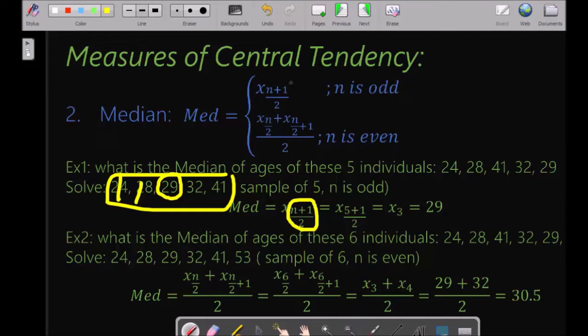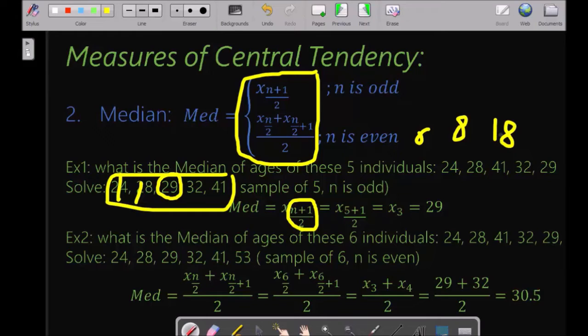But why do I have these two equations? Because sometimes I have an even sample size, like 6, 8, 18. Even values, guys. So for this example, I have 24, 28, and so on to 53.